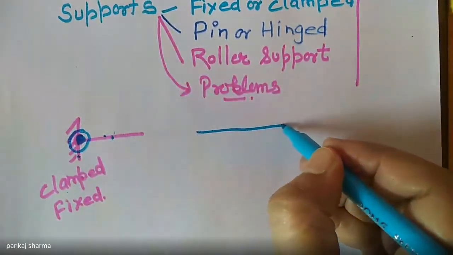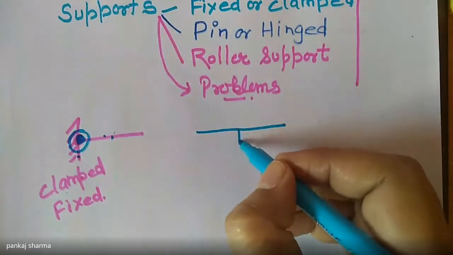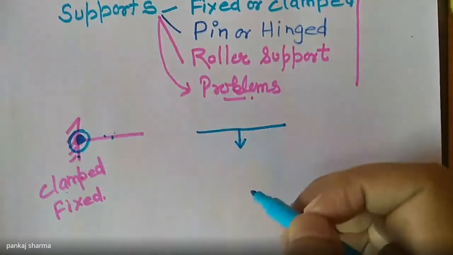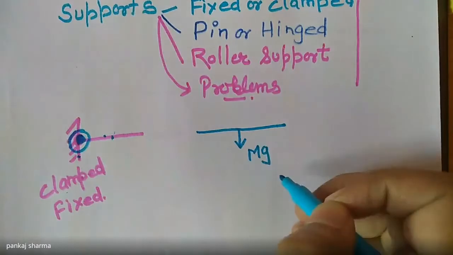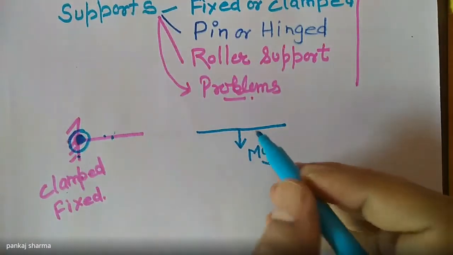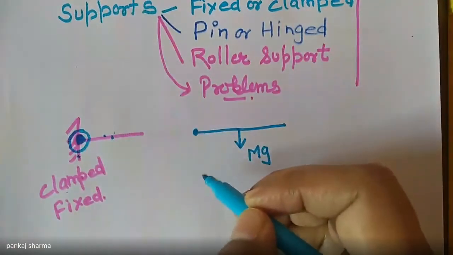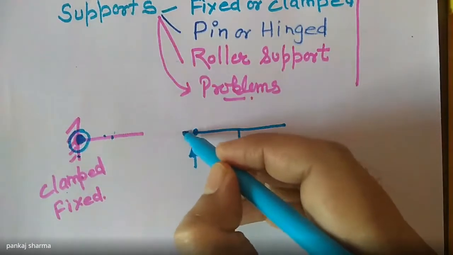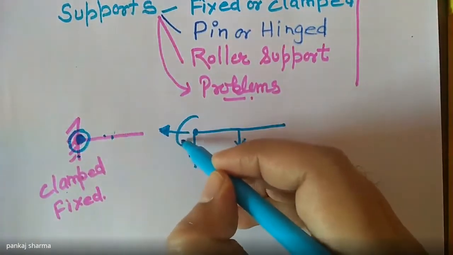So we have to draw the free body diagram of this rod, and suppose the rod is homogeneous, so the weight of the rod, mg, acts at the middle of its span. Now the nature of this clamp support is a vertical reaction, a horizontal reaction and a moment reaction.